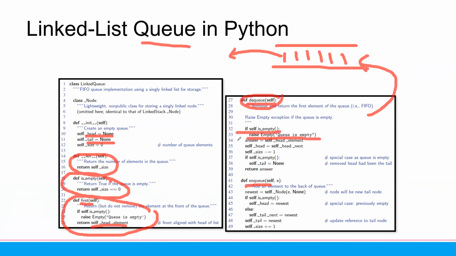If it is not empty, then the answer will be the element of the head. So the head will be removed, and then let's move the head to the next element, and the size will be minus 1. If the queue is empty after we remove the element, then let's change the tail to none.